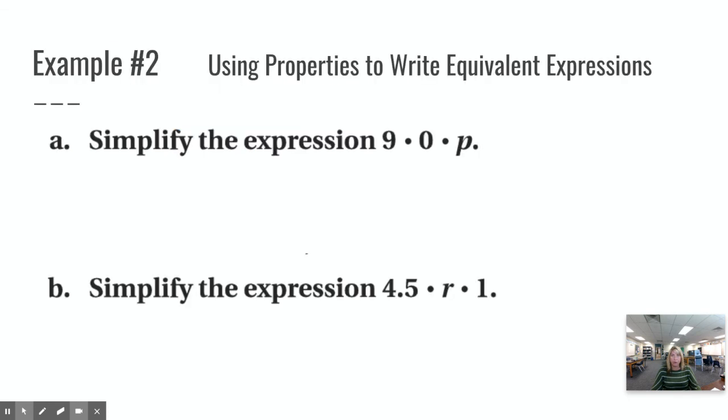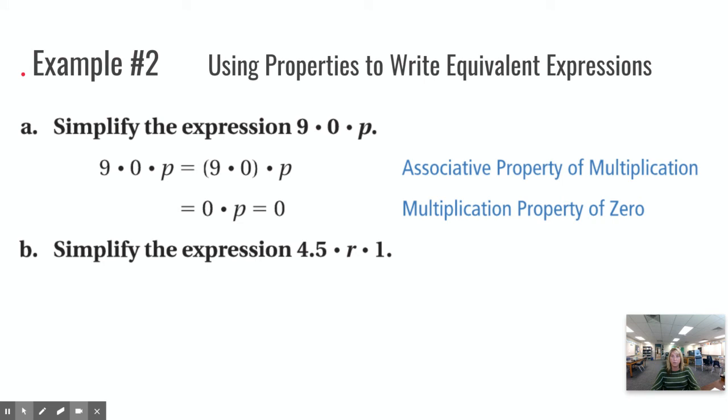Let's use those properties to write equivalent expressions. Simplify the expression 9 times 0 times p. What properties do we use? That's right. We use the associative property of multiplication and the multiplication property of 0.